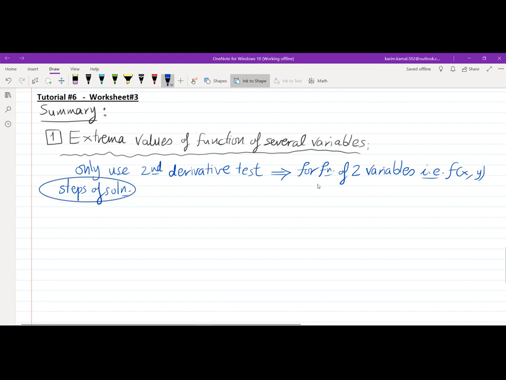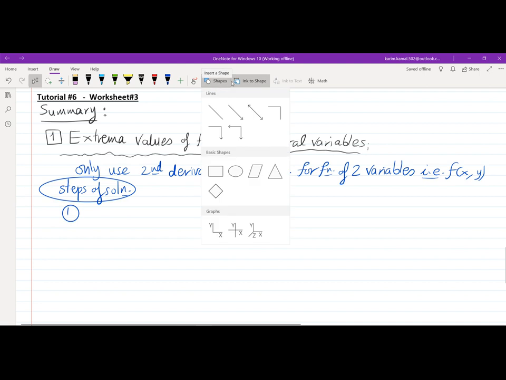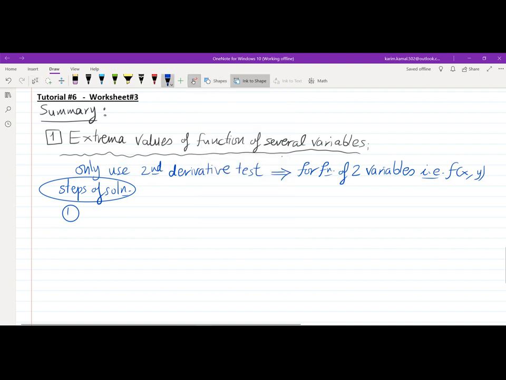First of all, you have to find fx, which is the first order derivative of the function with respect to x, and fy and fxx and fyy and fxy.